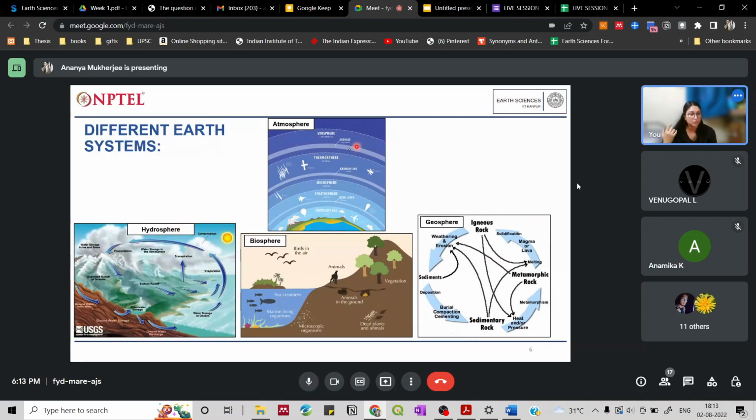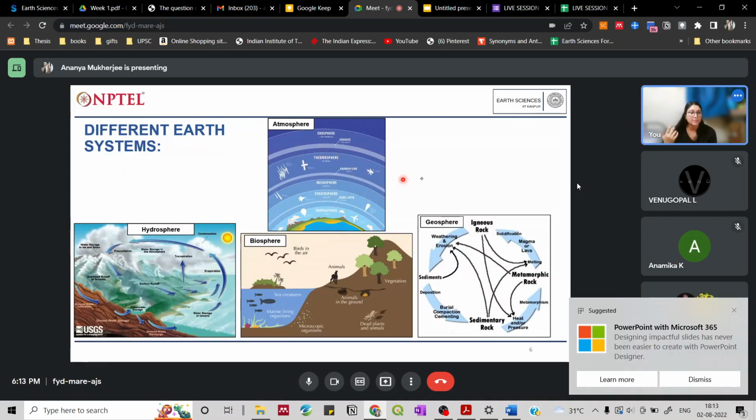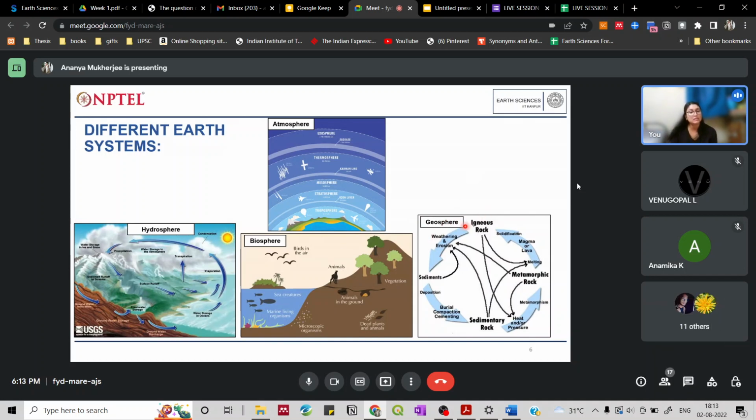Then we have the atmosphere, and as we all know, the different layers in it. And we have the geosphere, pertaining to the rock cycle, the formation, destruction and deposition, and again reformation of some of the rocks. And then we have the biosphere, where the life on the earth interacts with all three of these spheres, and that is called the biosphere.